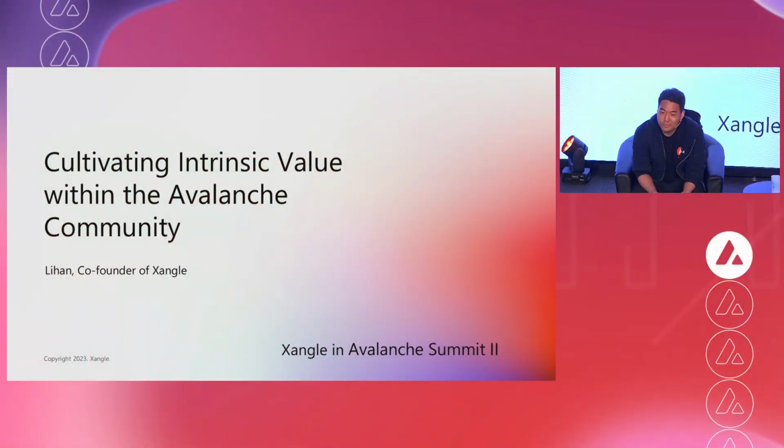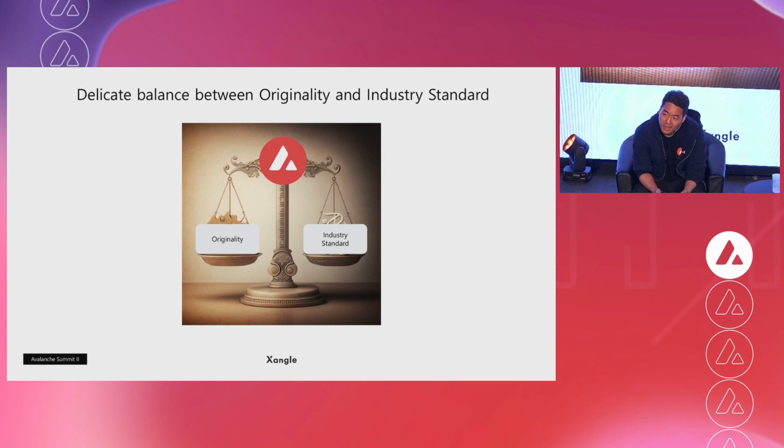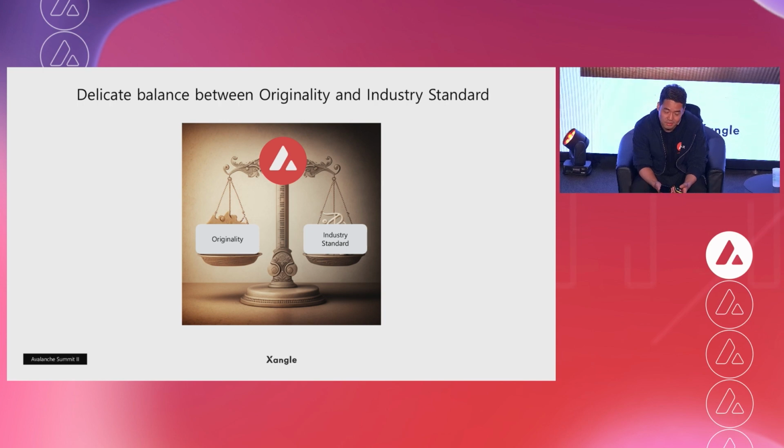All right. As far as I know, we're all here to make Avalanche the best mainnet in our industry, right? For me, Avalanche is a mainnet infrastructure that strikes a delicate balance between originality and respect for the existing industry standards.